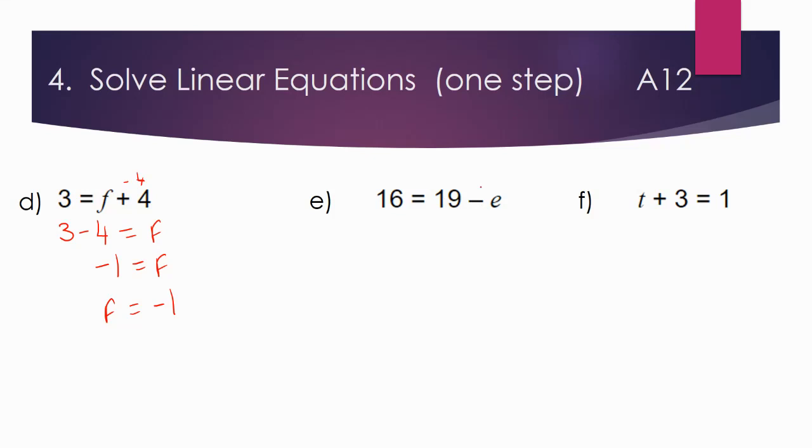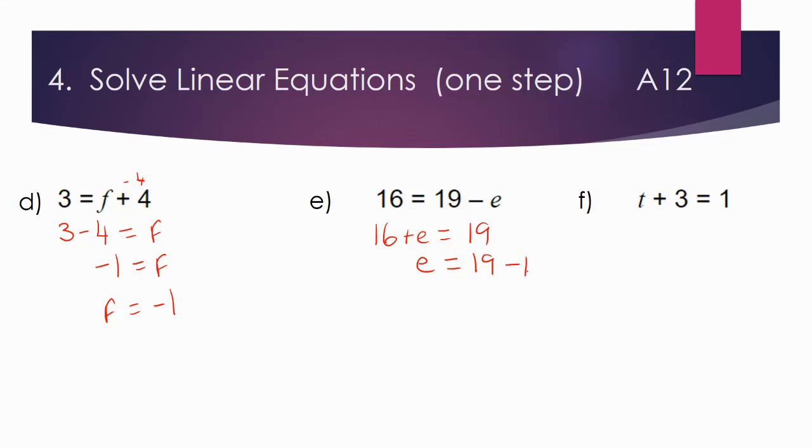Okay, so we're going to move a couple of things around here. So let's make this positive first. To make this positive, or to get rid of this, we'd have to add an e. So we can have 16 plus e would equal 19. But we just want our e on its own. So e equals, 19 is already there, so it has to stay first. We need to take the 16 over to the other side, so we need to take away 16 from this side.